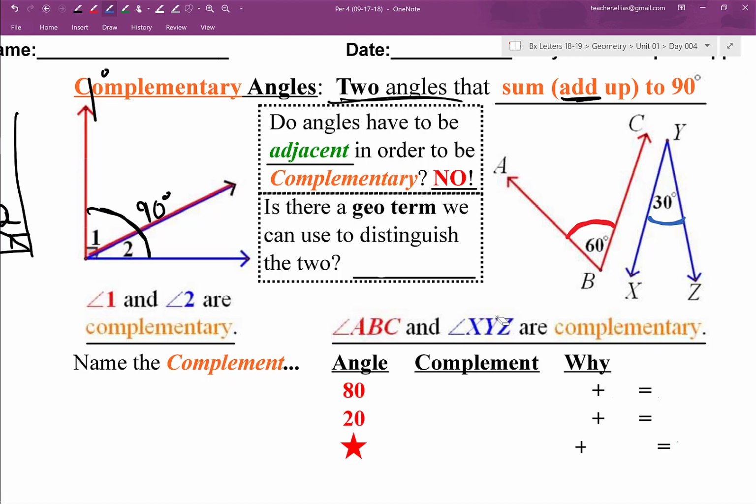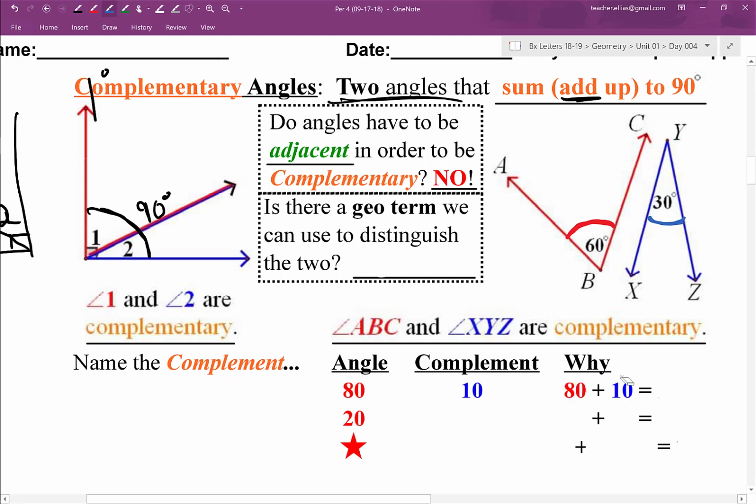So I'm going to pick on Joel simply because he's already said it. The reason why we have this terminology is so we can speak about this stuff quickly. So Joel, if I tell you you have an 80-degree angle, what's the complement?